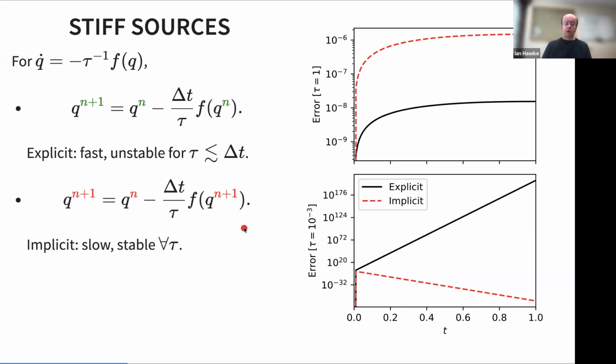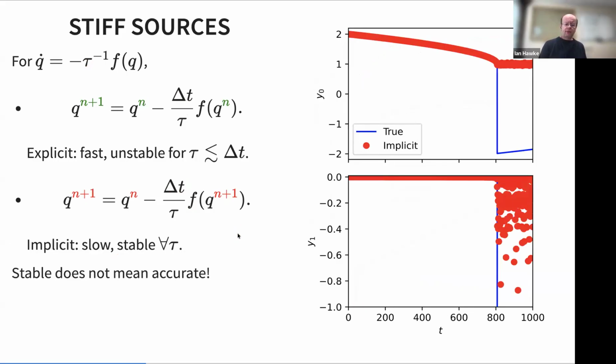This is a particular problem for, for example, neutrinos and radiation transport. I should emphasize that just because implicit methods are stable does not mean they are accurate. Here is an implicit method applied to the van der Pol equation, which is extremely stiff, so the tau here is extremely small, and we see that the results are order 1 incorrect.